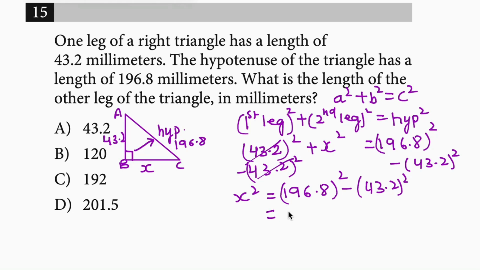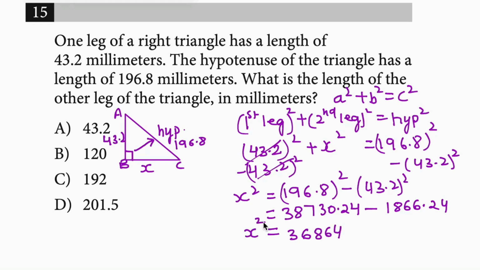So 196.8 whole squared is 38,730.24 minus 43.2 whole squared is 1,866.24, which in turn is equal to 36,864. But this is x squared, right?